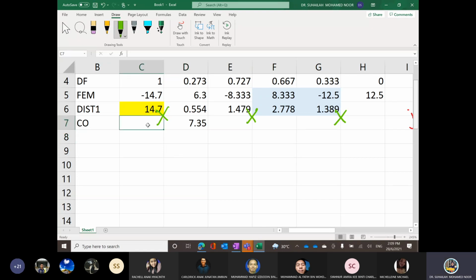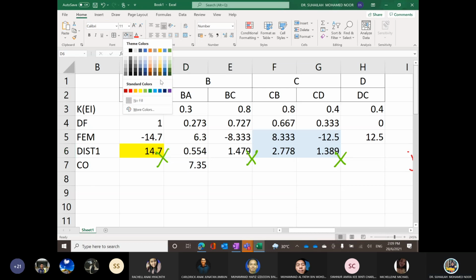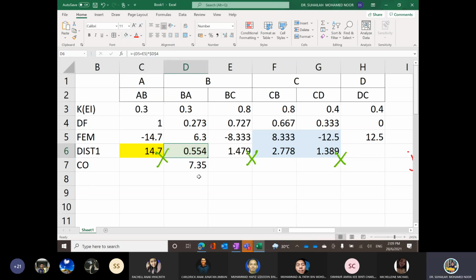However, the moment value at column BA, because the factor is 0 for roller and 0.5 for fixed. Internal is 0.5. So A to B is internal, and internal is fixed, so it is 0.5.